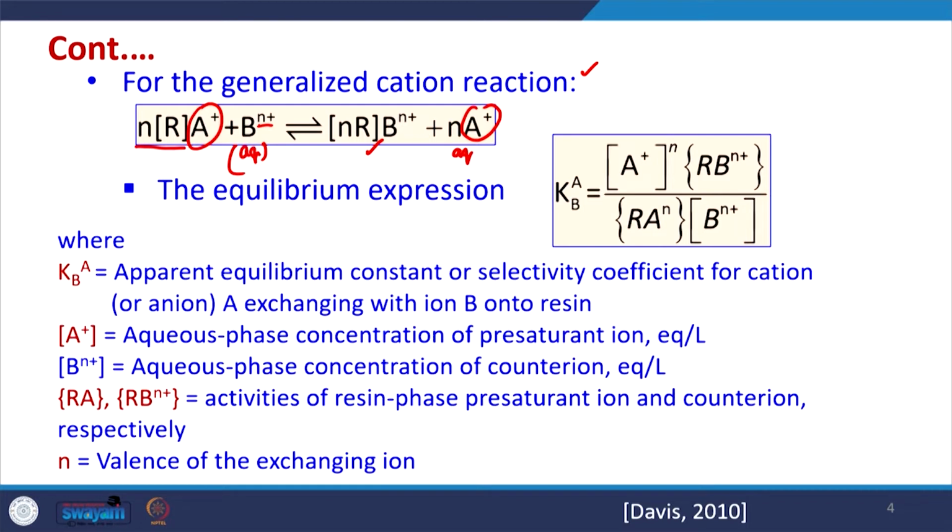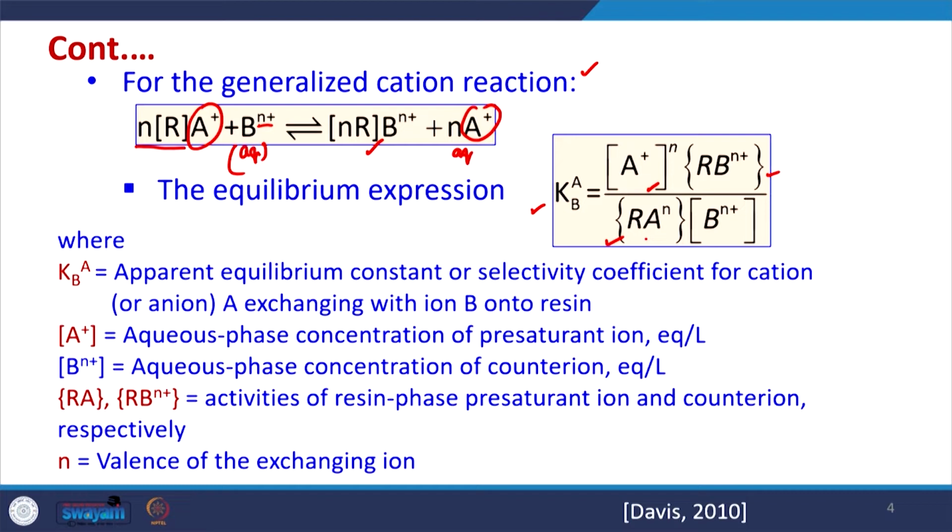Now, in a general way, the equilibrium expression is given here. So, K A with respect to B we can write like this: the concentration of A plus raised to N in the aqueous solution, then the resin, the activity of the resin, similarly in the resin initial conditions whatever the resin contains, and then the B N plus, the concentration of ions before exchange in the aqueous phase.